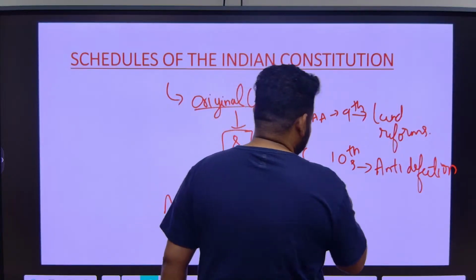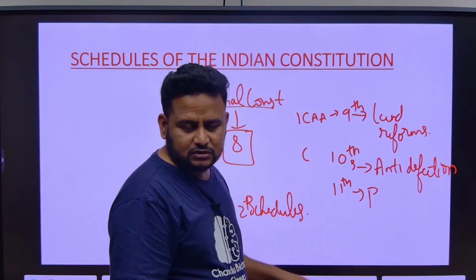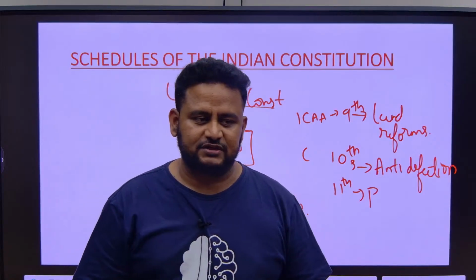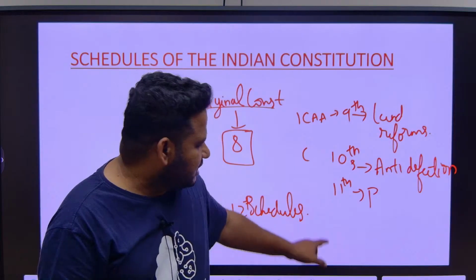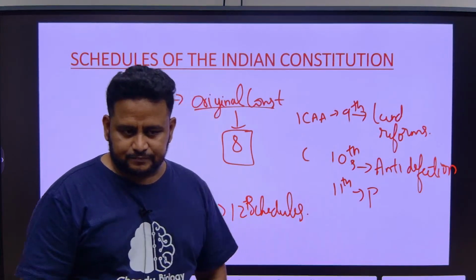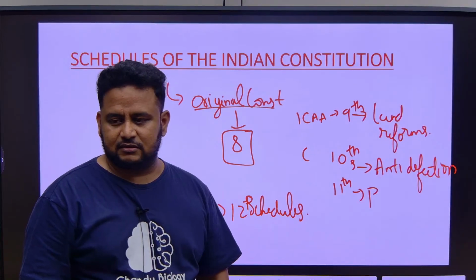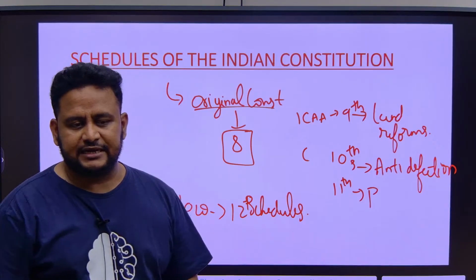Now the 11th schedule, it is about panchayats. Panchayats and municipalities were there implicitly in the constitution. They were made explicit. Constitutional status for them was given through the 11th schedule, that is through the 72nd and 73rd Amendment Act of 1992 and 1993.